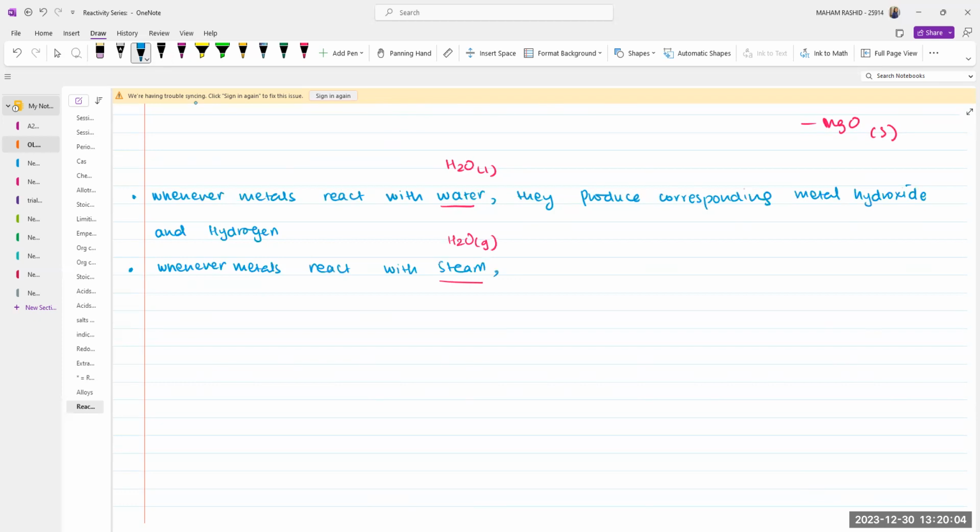So whenever metals react with steam, they produce corresponding metal oxide and hydrogen gas.